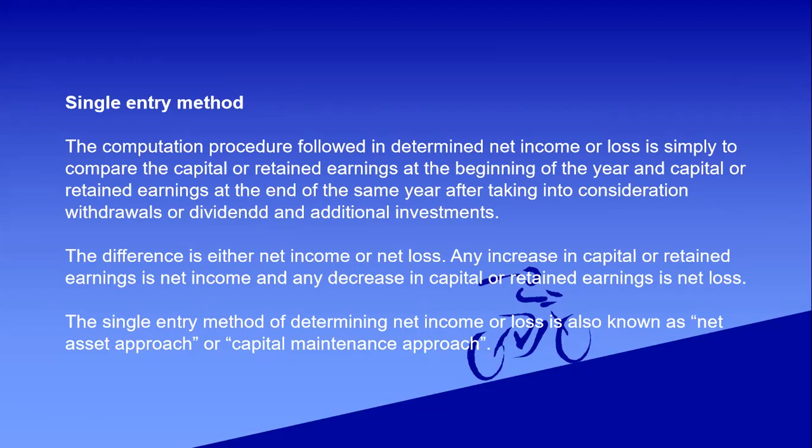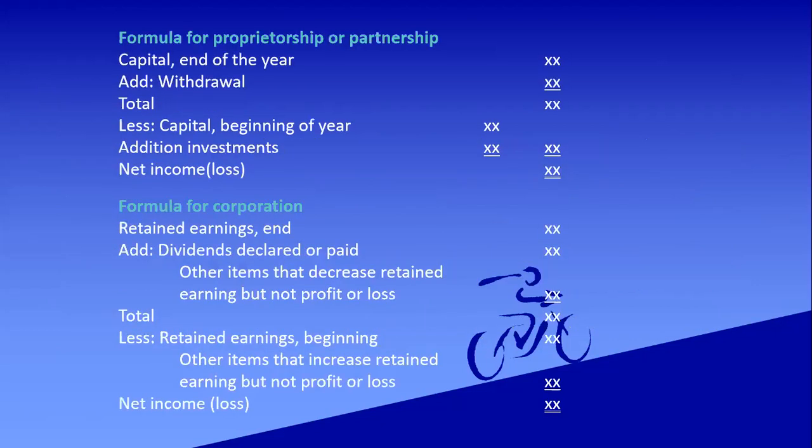The difference is either net income or net loss. Any increase in capital or retained earnings is net income, and any decrease in capital or retained earnings is net loss. The single entry method of determining net income or loss is known as the net assets approach, or we have the capital maintenance approach.